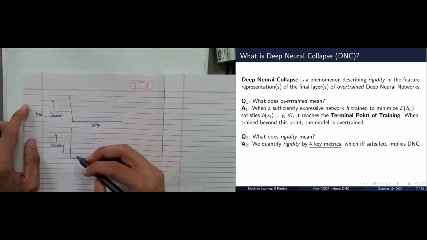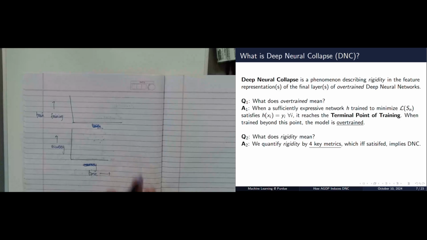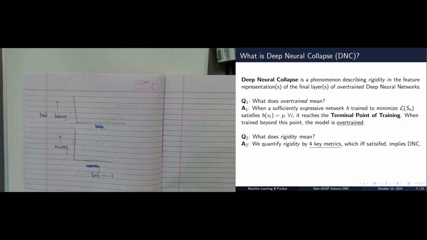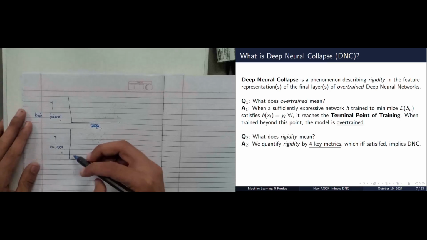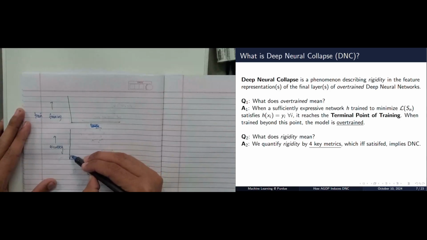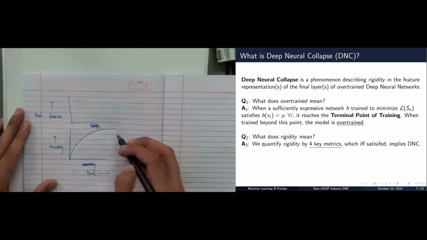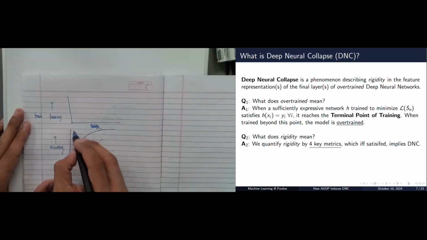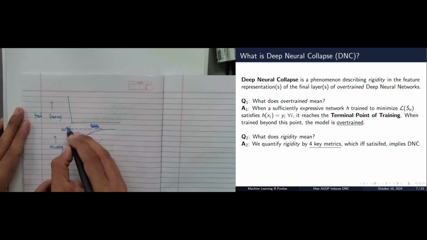So the idea is that I have a model that is over-parameterized, which means that it can theoretically memorize every single data point that is present within the training set. We start learning, and we basically at some point get to a stage where we have 100% training accuracy. So this is 100%, right?